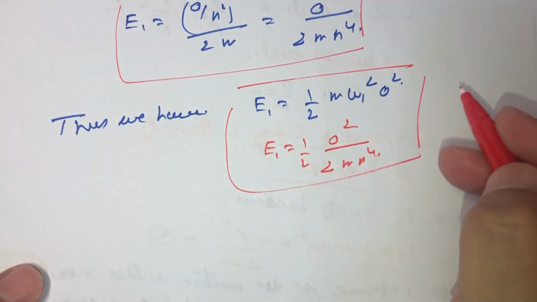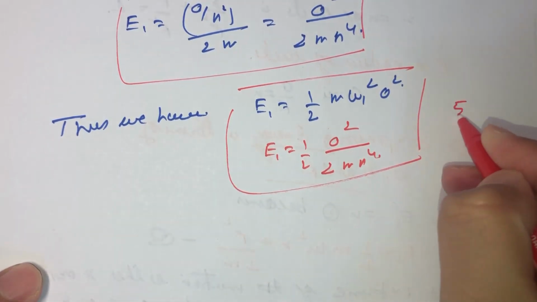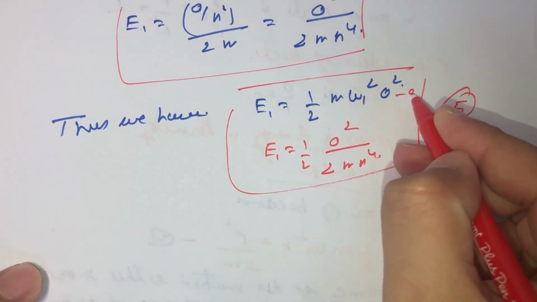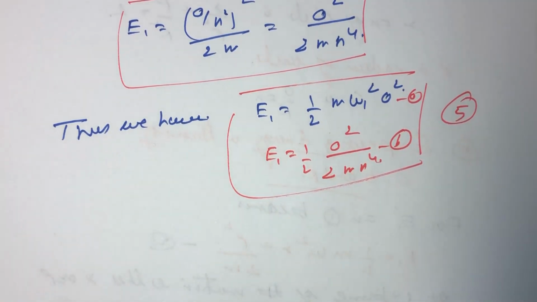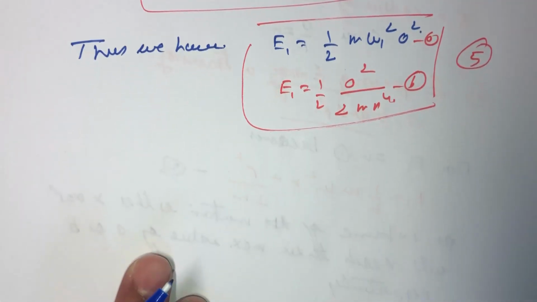Let us call this equation number 5, so this is 5a and this is 5b. Similarly, we are going to sort it out for E2 also. Okay, and E2 is for the circle.